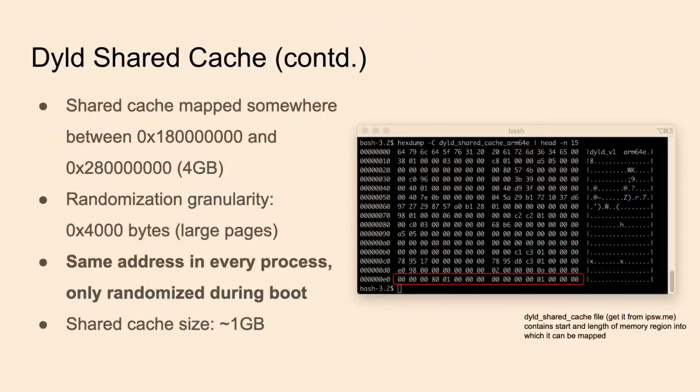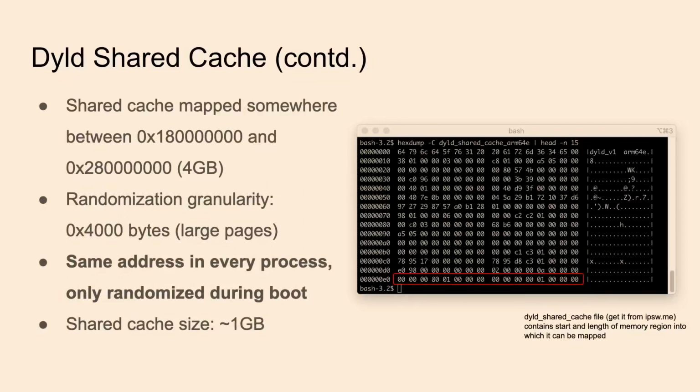If you dig into that a bit, or if you look at the documentation or the binaries, you can find out that it is going to be mapped always between these two addresses, so between hex 1870 and hex 2870, which leaves only a 4 GB region. And then the randomization granularity is also hex 4000 because iOS uses large pages.